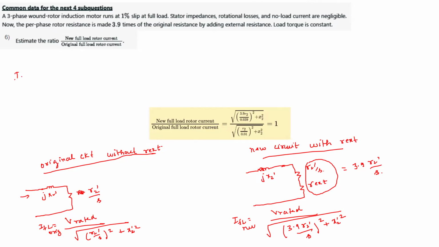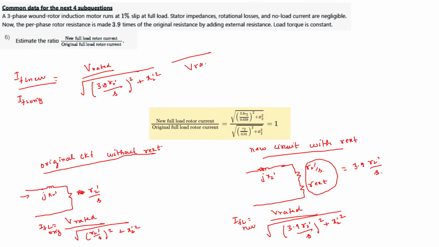So I full load new by I full load original: new is V rated by root over of (3.9 R2 dash by S) square plus X2 dash square, divided by I full load original, which is V rated by root over of (R2 dash by S) whole square plus X2 dash square.